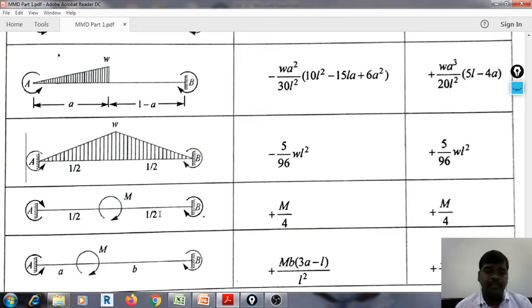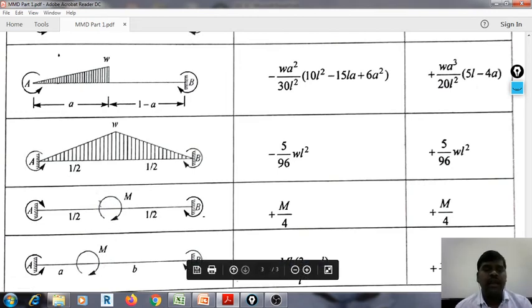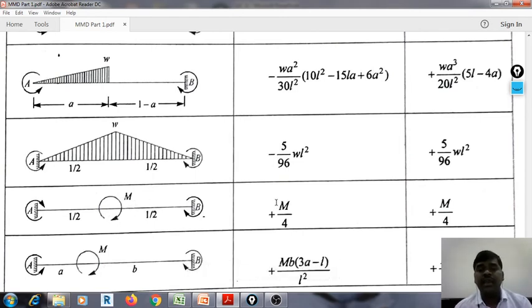Because M is acting clockwise. If M is acting anti-clockwise, in any type of question, you can use minus M by 4. As it is acting positively, that is clockwise, please consider both M bar AB and M bar BA as plus M by 4 only.